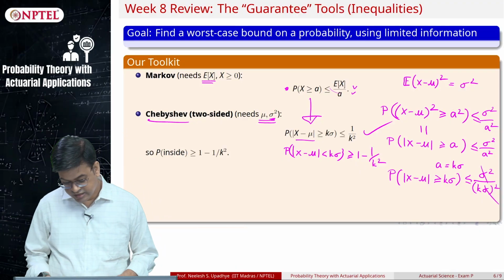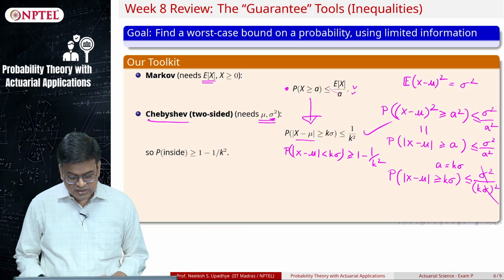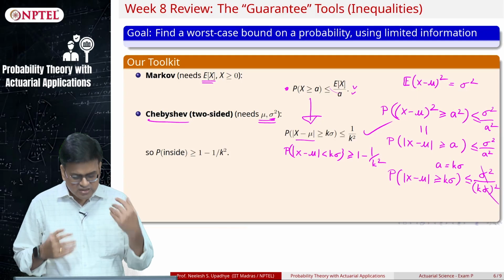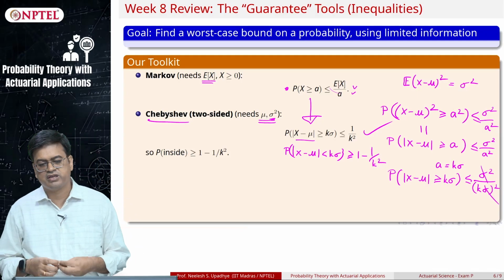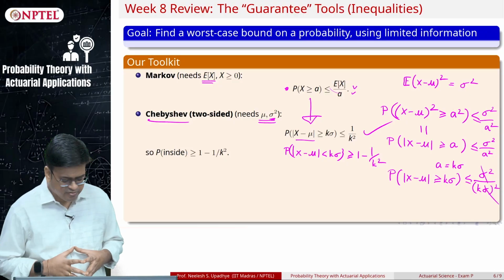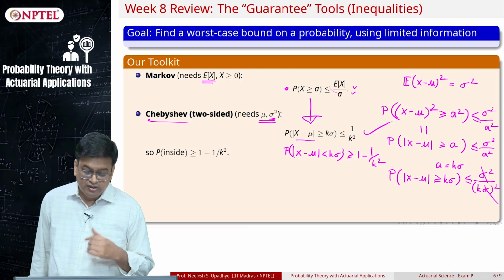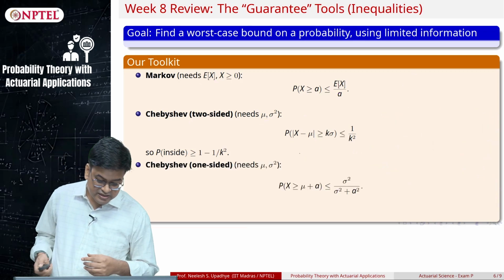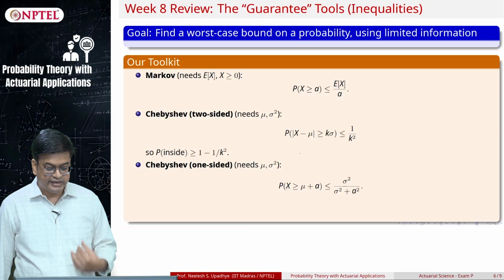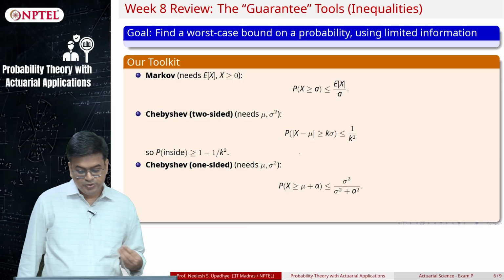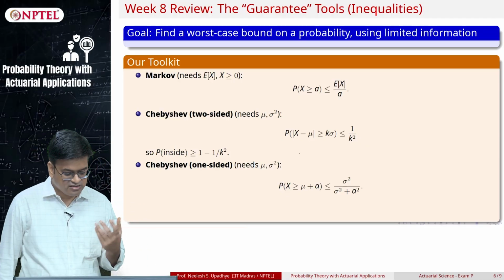Then came another interesting inequality, because some people say that okay, but still I have only positive random variable or only negative random variable, then these bounds are somewhat vague. Then came another interesting inequality, which is one-sided Chebyshev. This proof is slightly tedious, so we skipped it.